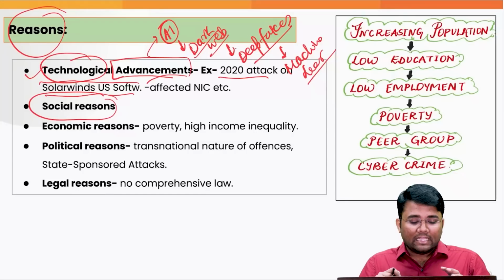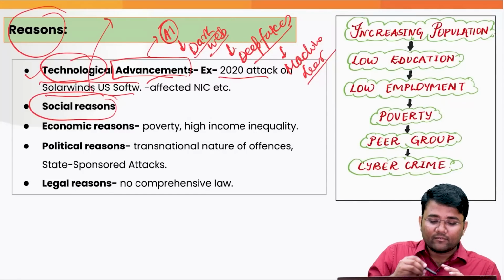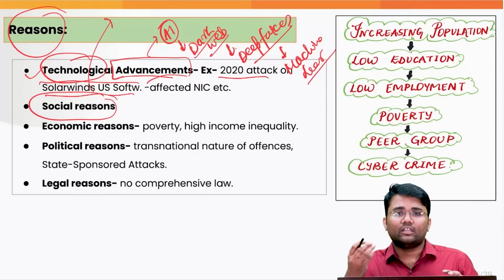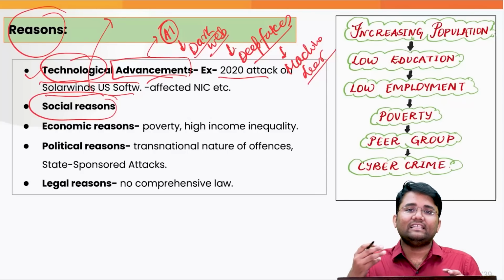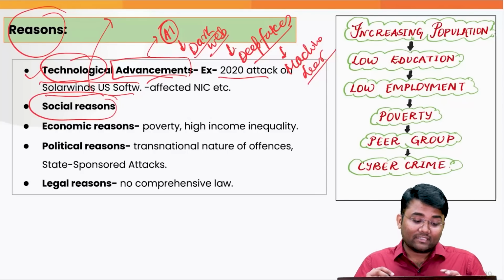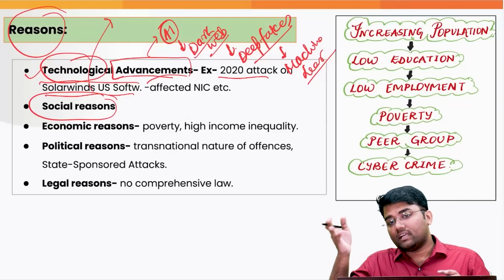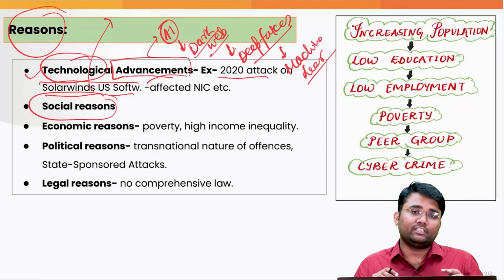When there is poverty, people try to resort to easy money. They look for how easily they can get money. So that was one of the reasons they were attracted towards digital frauds.